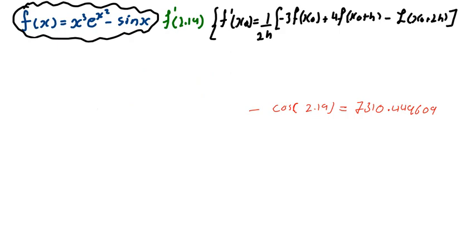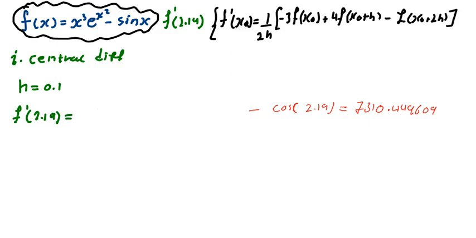When we use the central difference, when h was equal to 0.1, our f prime of 2.19, the value that we found was 774.580545.